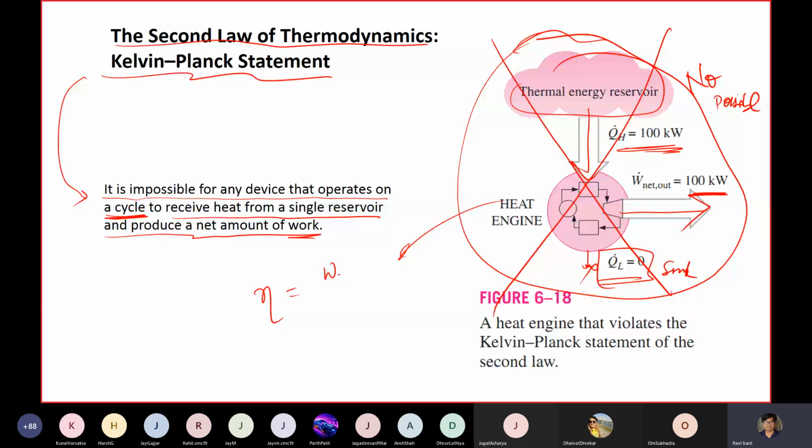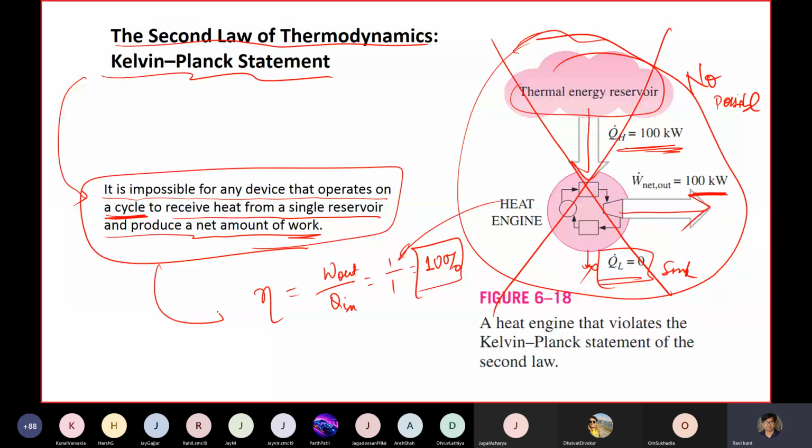So basically this statement is talking about the 100% efficiency of an engine, which is not true. 100% efficiency ideally can be, but in reality it's not possible. So for a heat engine to run, you should have at least some amount of heat to be sinked. And this is what the Kelvin-Planck statement of the second law of thermodynamics states.